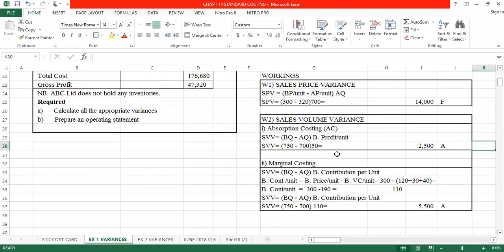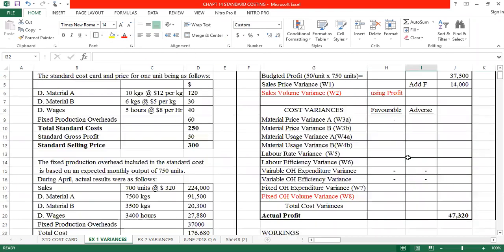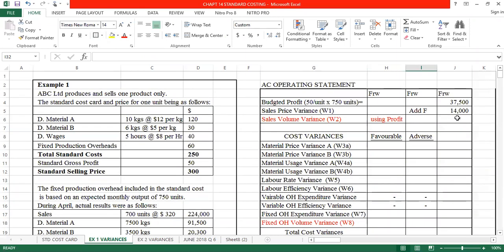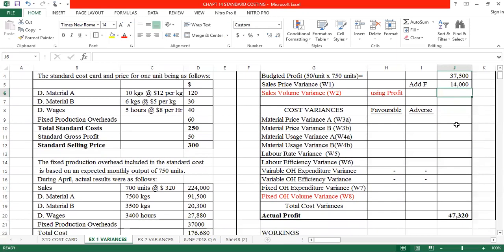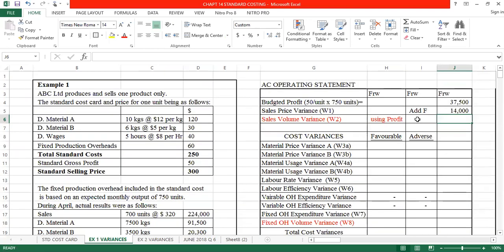So that is sales volume. Remember this is under AC. That is under AC. This is under MC. So under AC, it is here. So it is negative. So here it is negative. So you less what? The adverse.